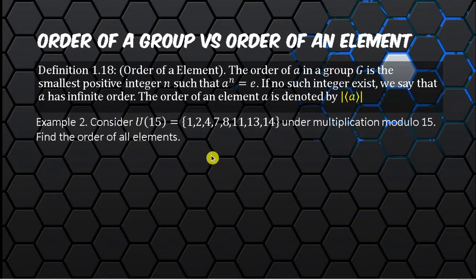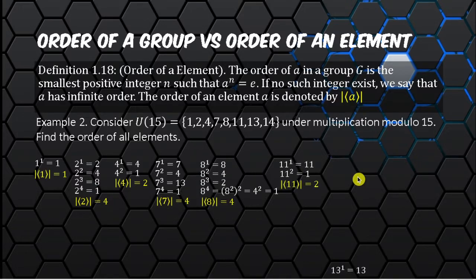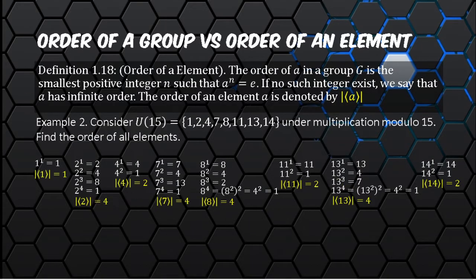Alright, let's have this set. How about if we have this set? Ano yung order ng mga subgroups? Natapos natin kanina ito. Flash ko lang lahat. Ayan. So, 1 raised to 1, we already have the identity element.